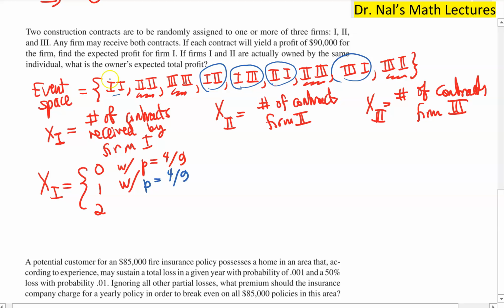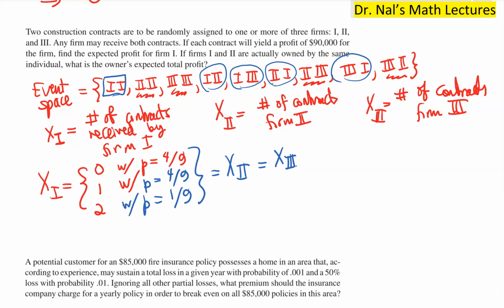And finally, 2 contracts is only this one, right? With probability 1/9. Does that make sense? And guess what? Pretty much this is also the same for the random variable associated with the number of contracts received by firm 2 and the number of contracts received by firm 3.